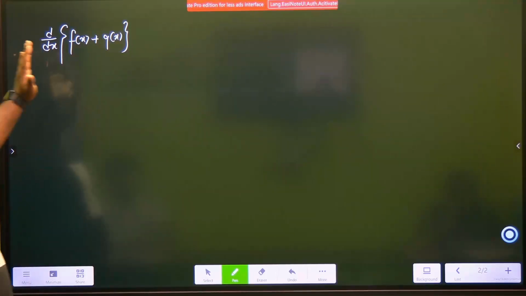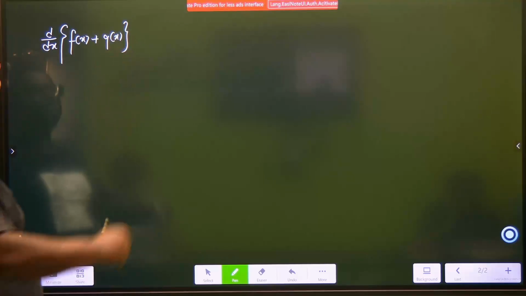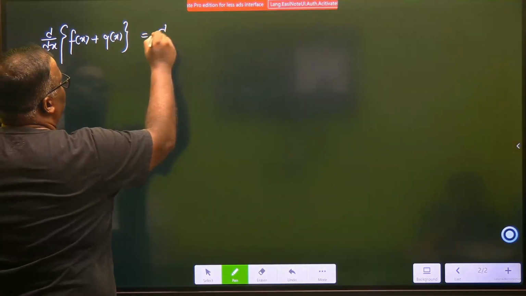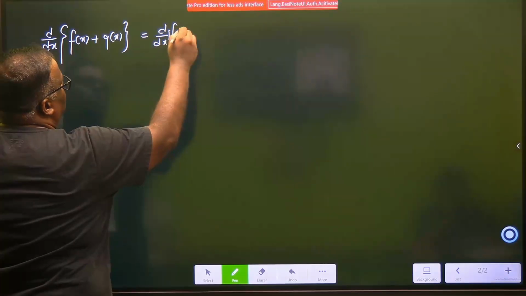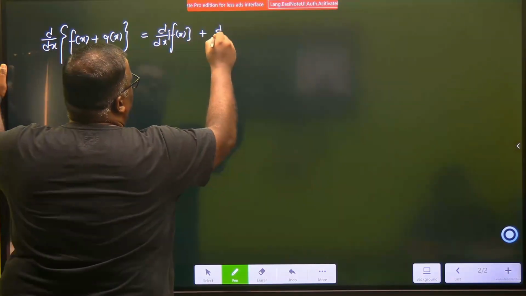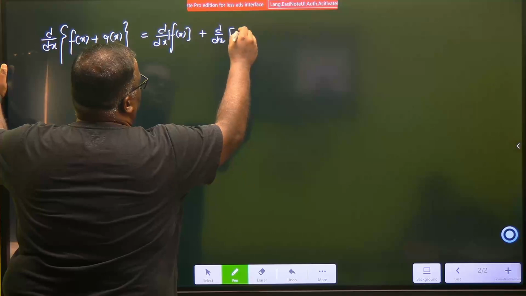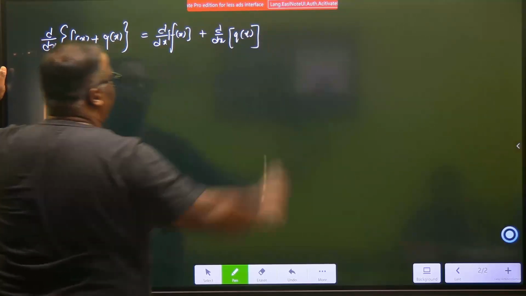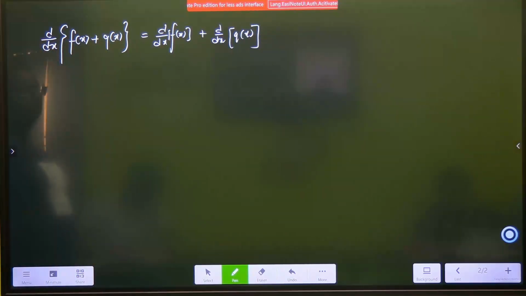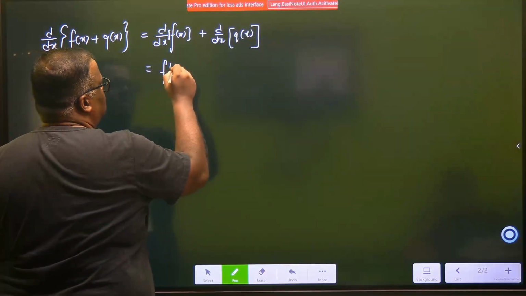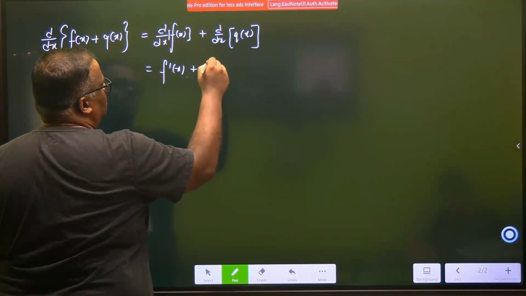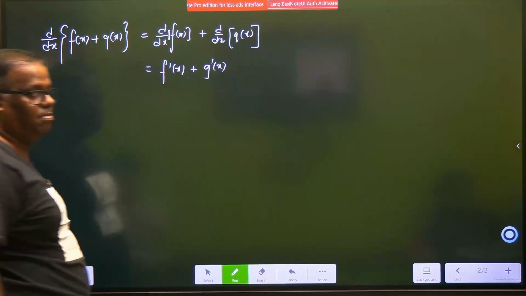You can differentiate them separately, which means that you can do d/dx of f(x), this is allowed, plus d/dx of g(x). Have you understood? In your book, they may write this as f dash x plus g dash x. It all remains the same.